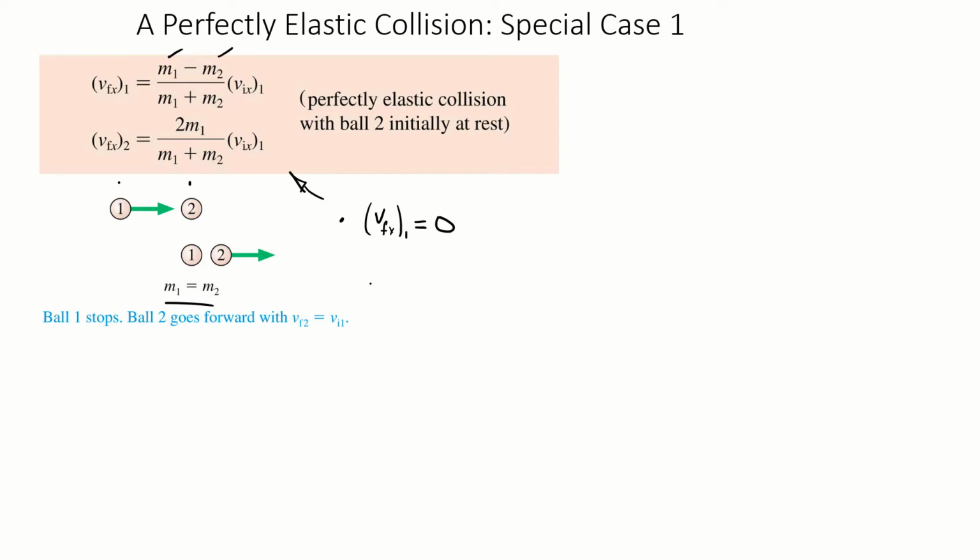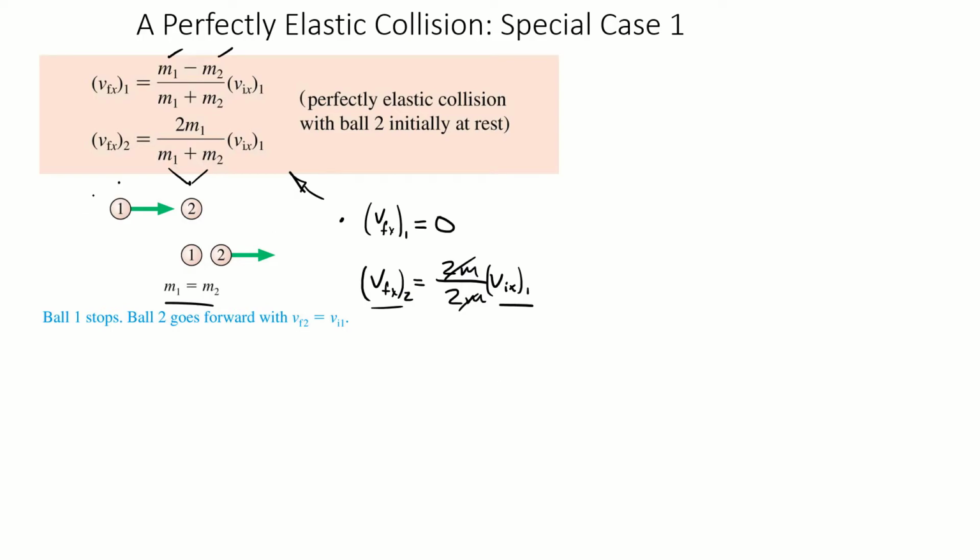What about the final velocity of ball two? Well, this is going to be 2 times m, and since the masses in the denominator are the same, it's divided by 2 times m, times the initial x1. These cancel, and the final velocity of ball two is equal to the initial velocity of ball one.